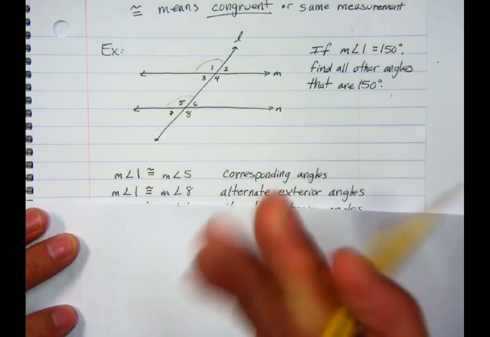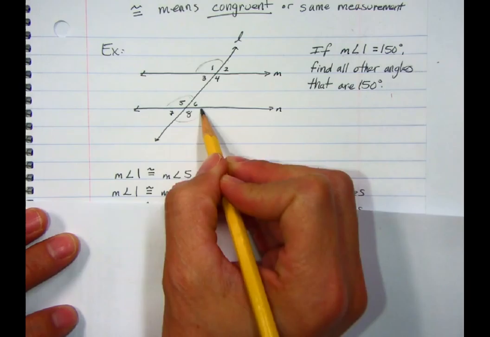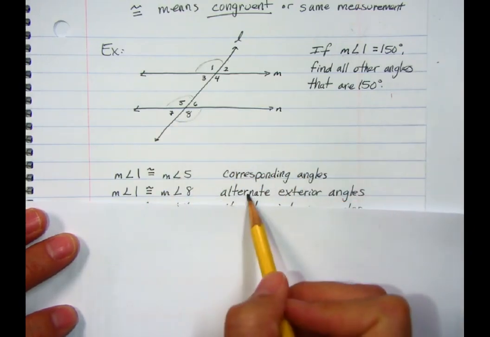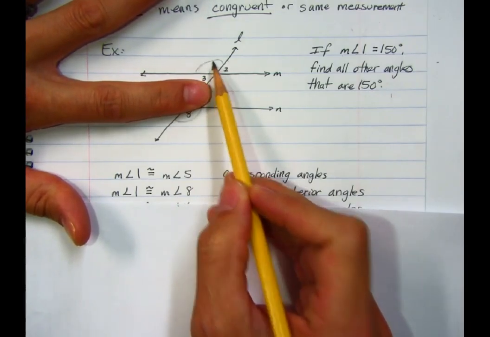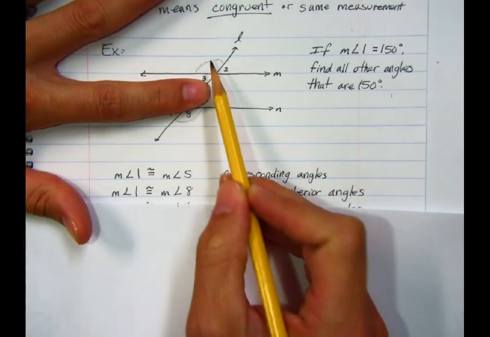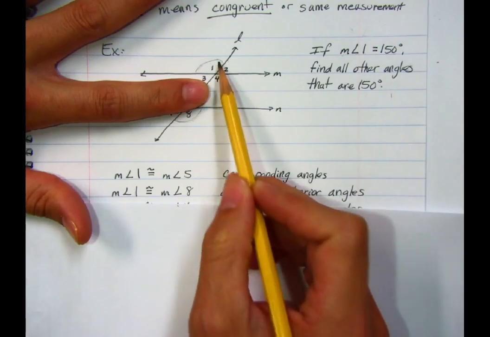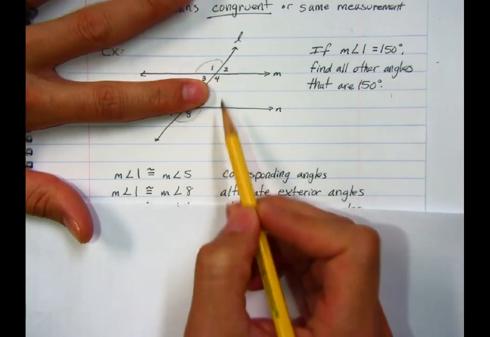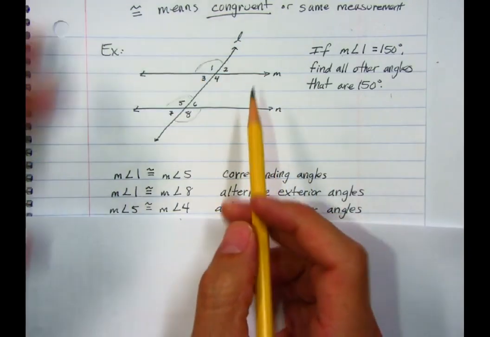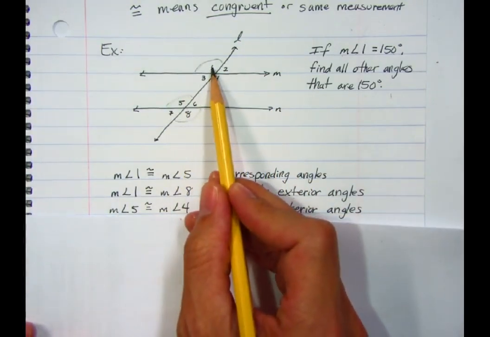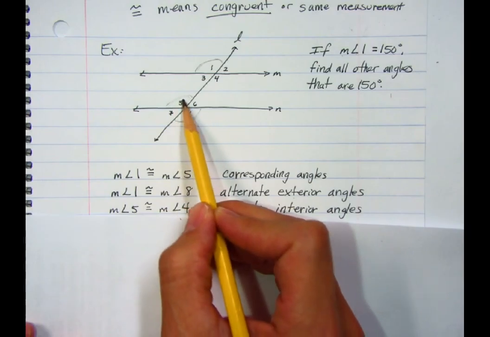Angle 1 and angle 8 are also congruent. Why are they congruent? Because they are alternate exterior angles. Angle 1 is on the left, angle 8 is on the right, and they're on the outside of the parallel lines. So alternate exterior angles. The next one would be angle 5. Now that I've already proved angle 5 is the same as 1, I know angle 5 is 150.